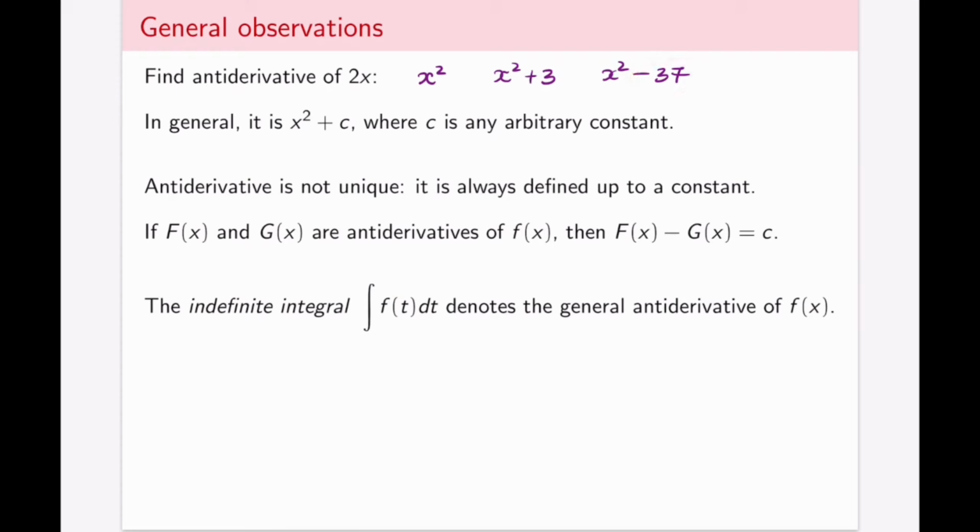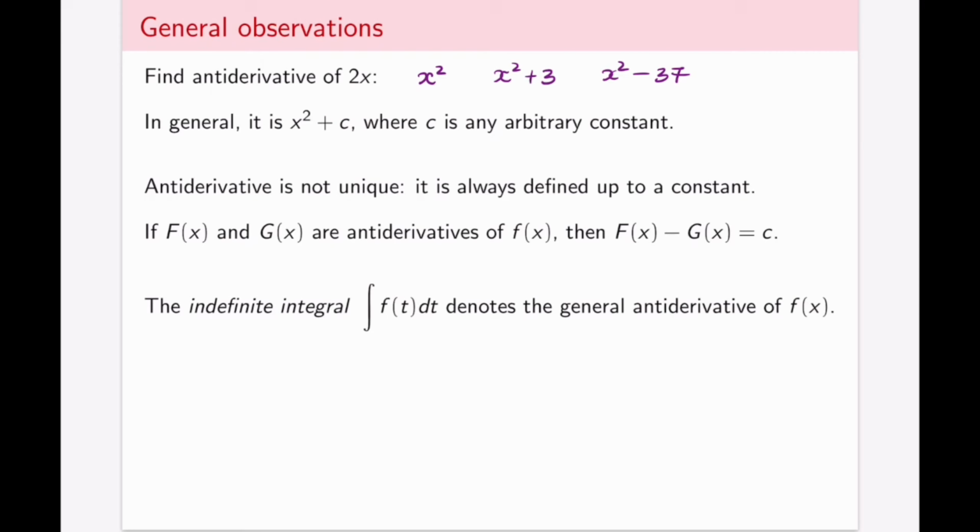That is why we say that an antiderivative is an antiderivative, not the antiderivative. In general, an antiderivative of 2x can be any of these, and the most general format will be x squared plus c, where c is any arbitrary constant. Antiderivative, therefore, is not unique and is always defined up to this constant c.